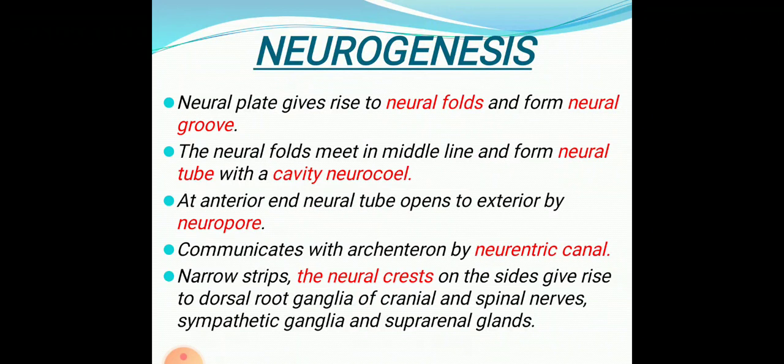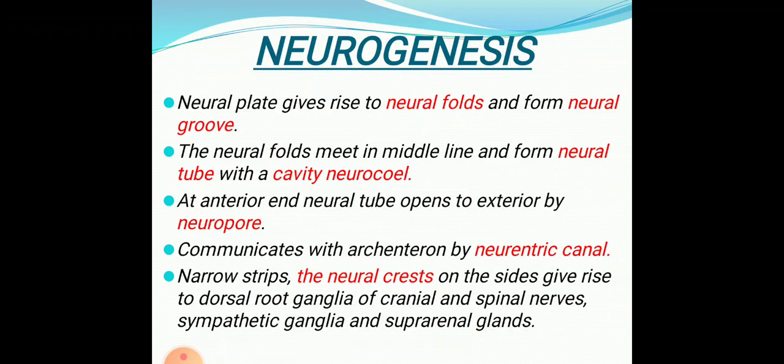After the neural folds have fused in the middle line, the neural tube separates itself completely from the overlying epidermis. The free edges of the epidermis fuse together so that the epidermis becomes continuous over the neural tube.